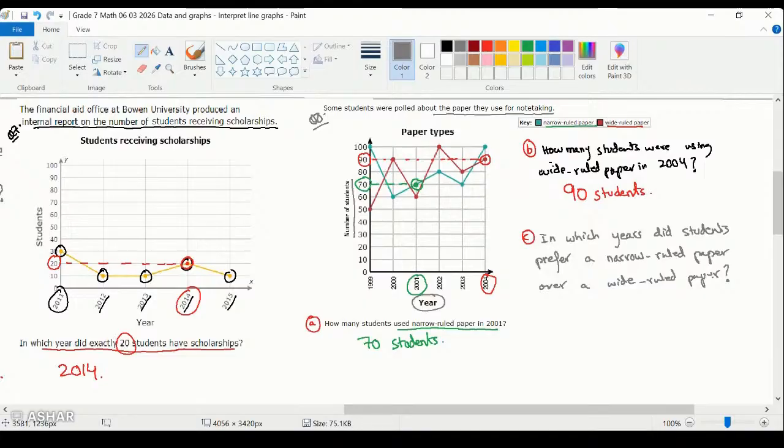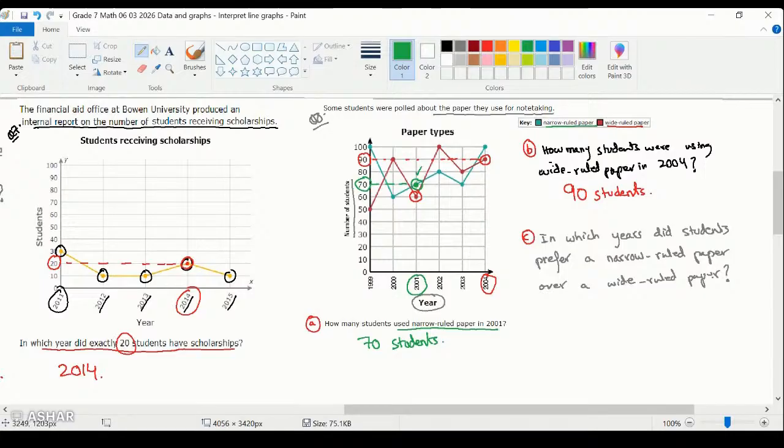Yes, you're saying 2001. Let's see. Yes, in 2001. That's perfect. That's correct, because in 2001, the narrow rule is above the wide rule, right?